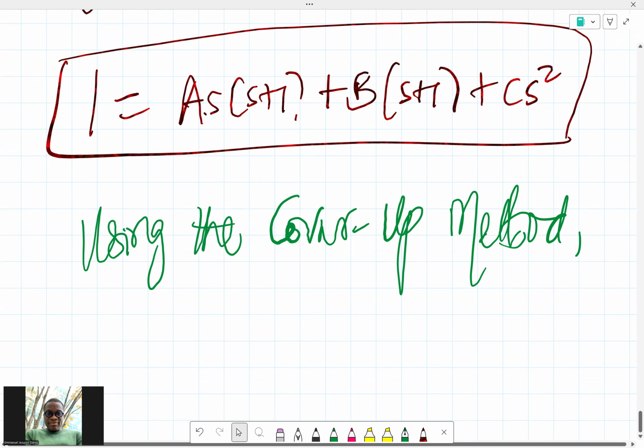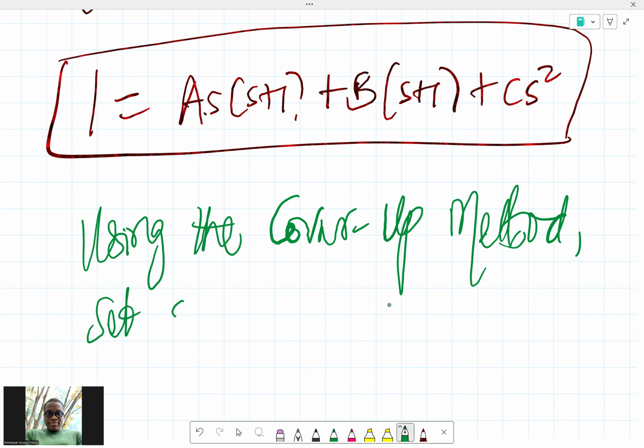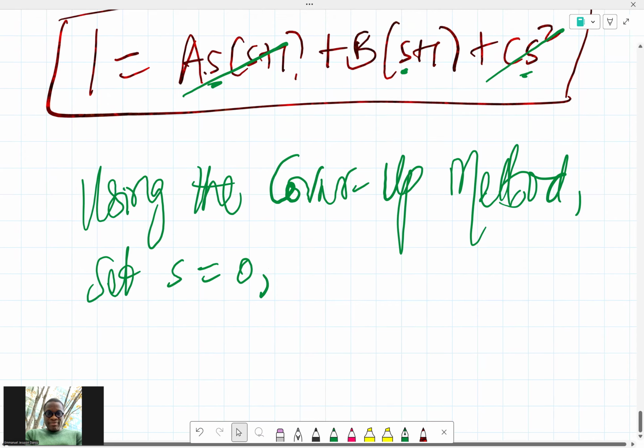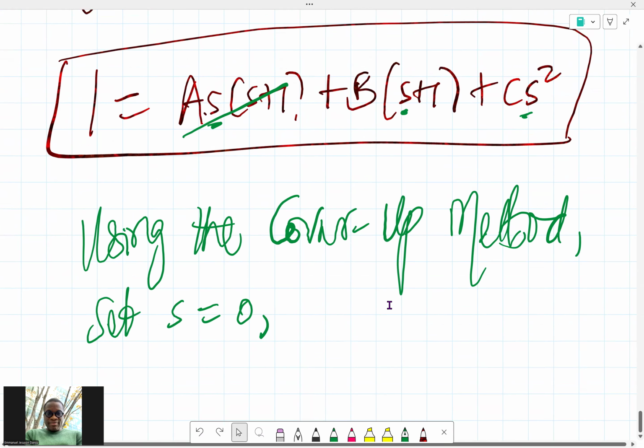So we can set s to be 0. Once you set s to be 0, anywhere there's s, it will go. So this will go, s is 0 here so b will remain, and s is 0 here so it will also go. We already know a and c are gone, only b will remain.